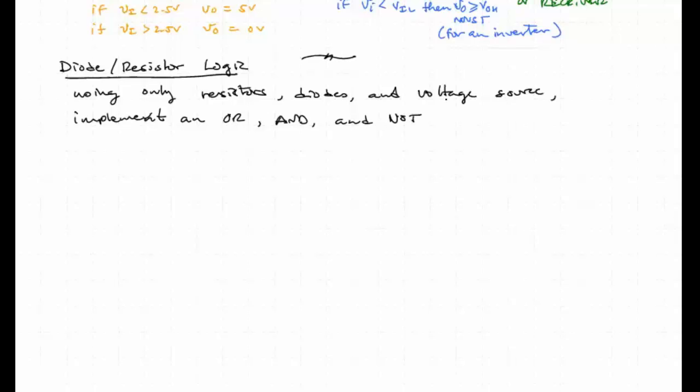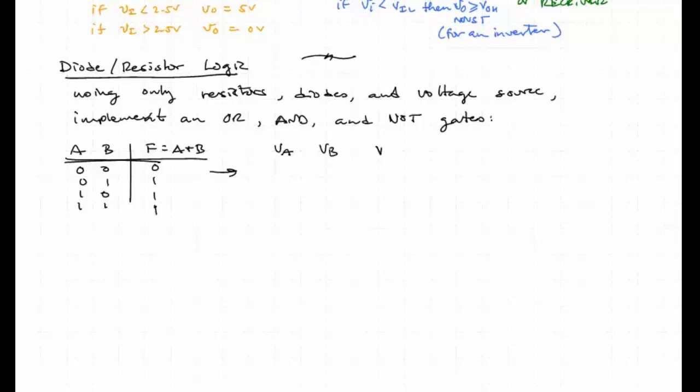NOT gates. Okay, recall for the OR gate, if we have an input, and I'm going to put VA here, well, let's start with A and B inputs, and our output is A or B. Then this is the truth table. If we convert this to voltages, now we're going to look at VA, VB, and VF.